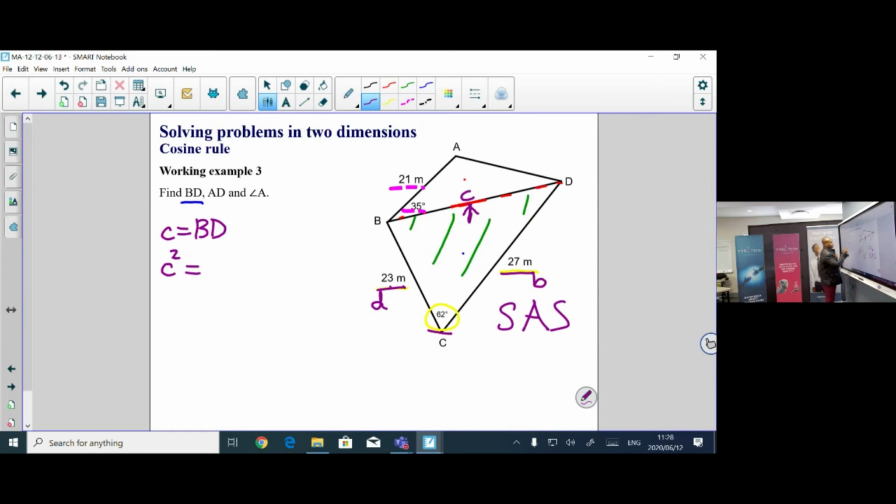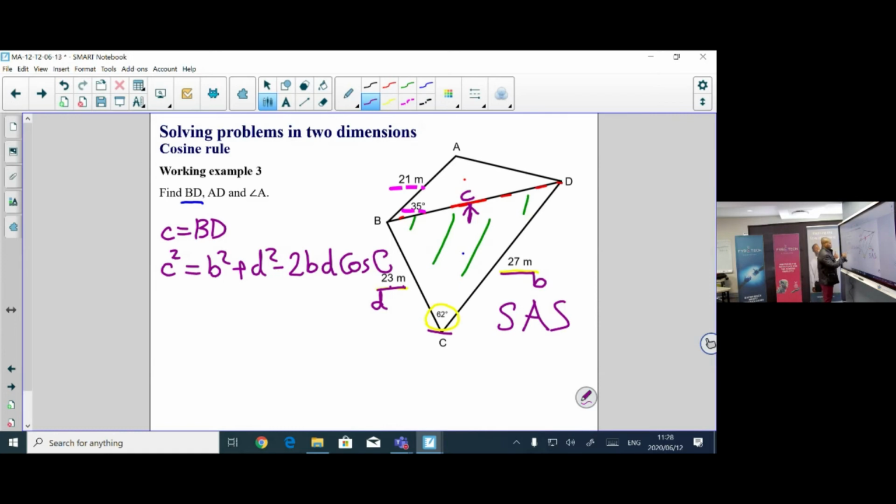So that means you have to say small b squared plus small d squared minus 2bd cos C. You remember that formula?